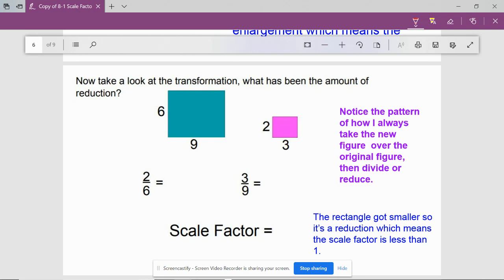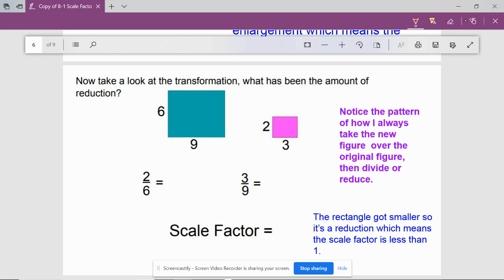When we look at this, take a look at the transformation. What is the amount of reduction? One thing we always want to do is take the new figure over the original figure, then divide or reduce.